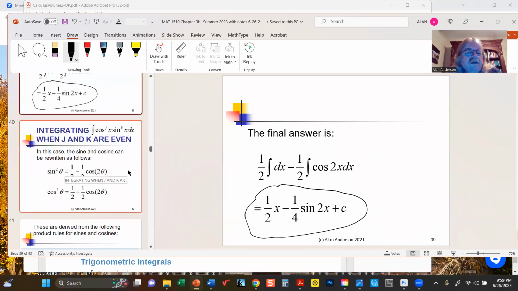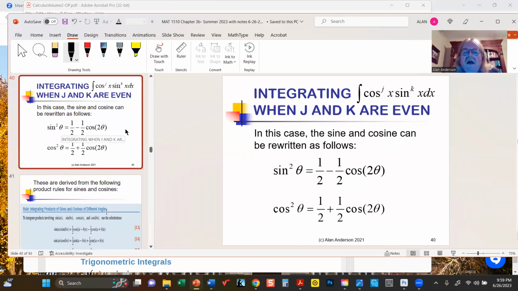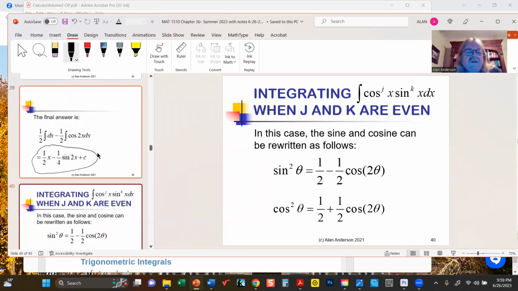All right, now here's another interesting case. It turns out that there's yet another set of formulas that we can use to reduce or eliminate the number of times you have to deal with sine squared theta and cosine squared theta. So where did these come from?